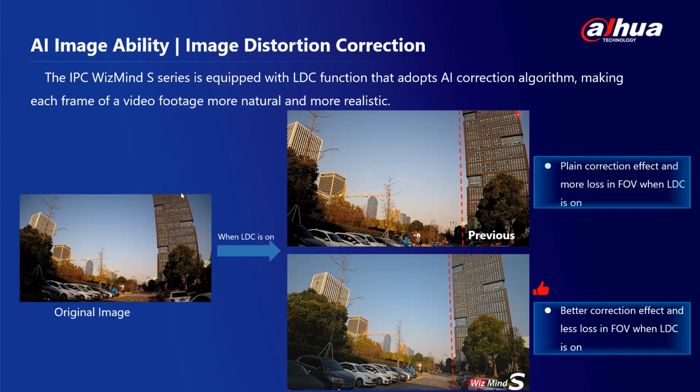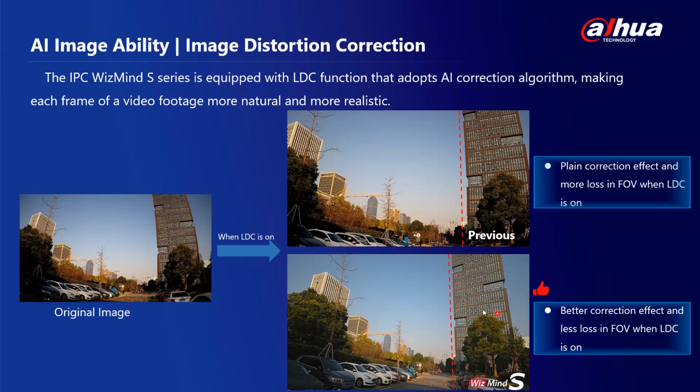You can take a look at this. There's a lot of warping of this particular image. We have a lot of field of view, but upon activating this function, we end up losing that field of view. Okay, so that is for now the WizMind 5 IPC products. Now on the WizMind S, what it does, it corrects the image, then again brings back that field of view that was lost once activated the LDC function on the other products.